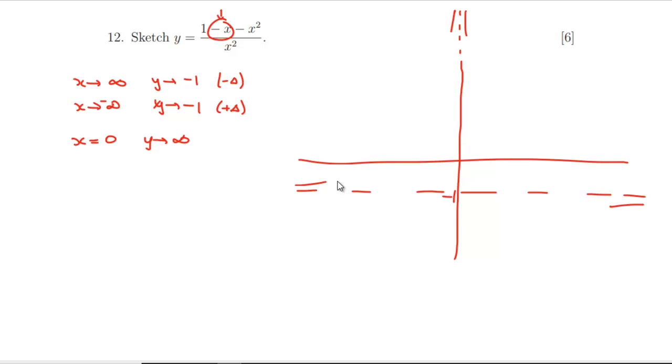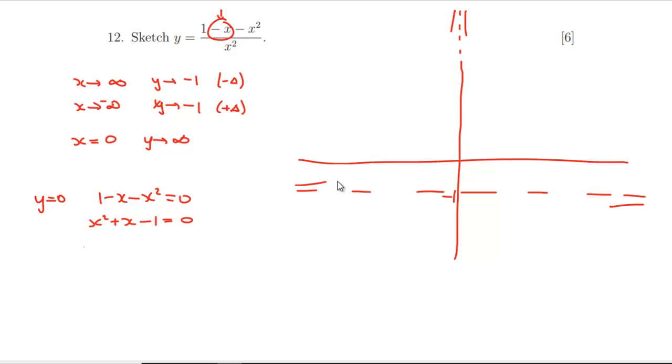It looks like the left-hand side of this graph is going to be pretty straightforward. It's what's going on on the right-hand side. We're going to have a turning point, and we're going to have y equal 0, so y equals 0 means that we've got 1 minus x squared is equal to 0. So x squared plus x minus 1. I find it easier looking at it that way around. So yeah, we're not going to get this factorising.